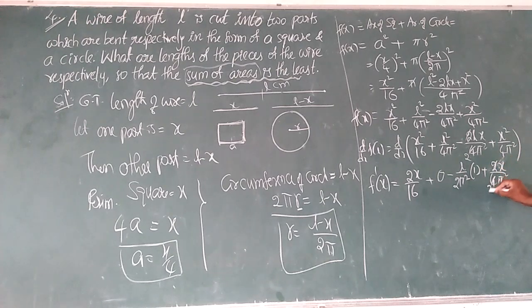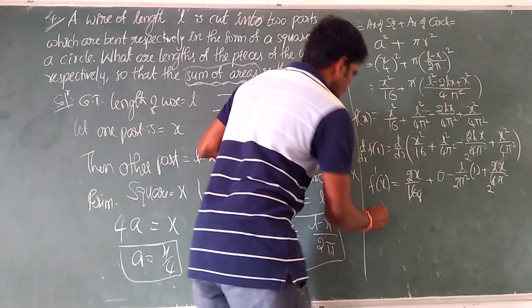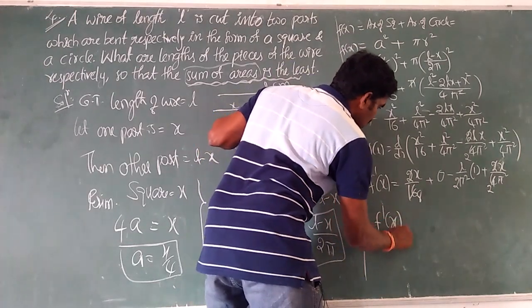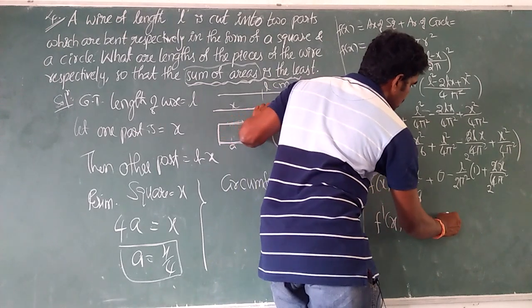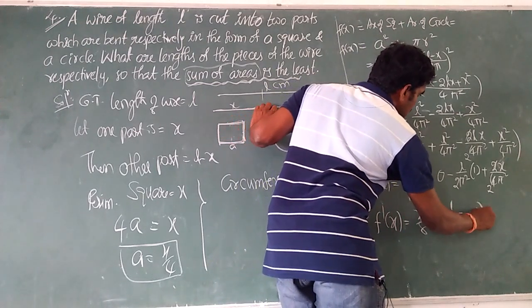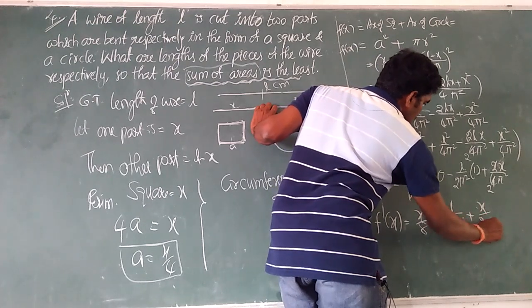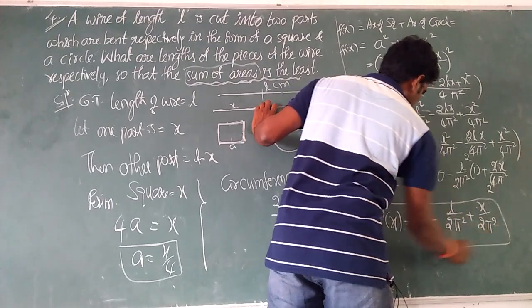Of course, 2 and 2 get cancelled. Here 2 1 2 8. So what is remaining? We are getting f dash of x equal to x by 8 minus L by 2 pi plus x by 2 pi. So we got f dash of x.